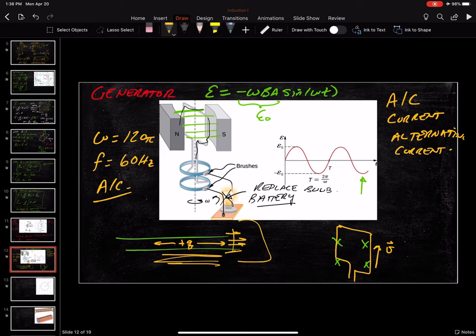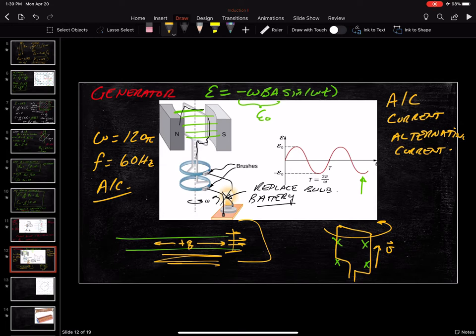Then what do you get? You get a force on these charges. There's a force acting on these charges. And what does that force tend to do? It tends to spin the loop. And so it does the opposite situation. If you take a loop and you spin it by hand or by some gasoline engine or something like that to rotate that loop in the presence of a magnetic field, you create an electric current.